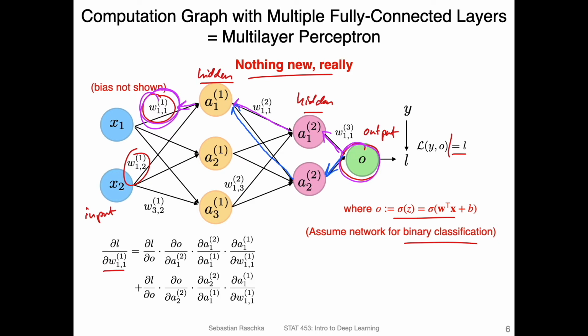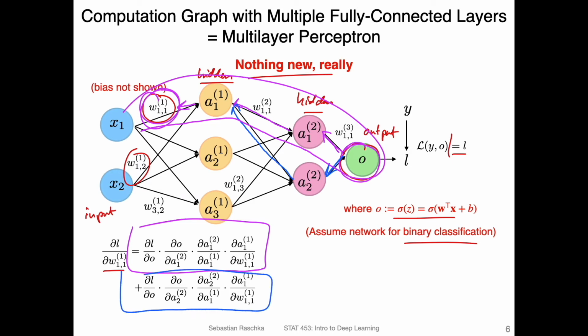In purple, what I'm showing you is this one at the top. And then for the multivariable chain rule, there is this path here. So there are two paths actually. And that is actually it. That's how we would train or update this weight.